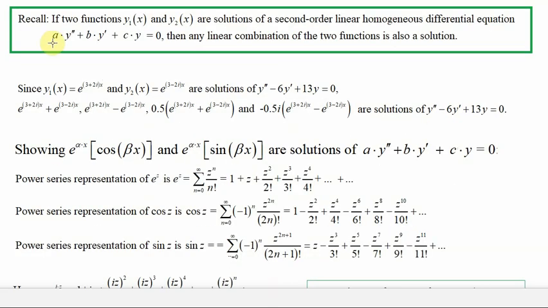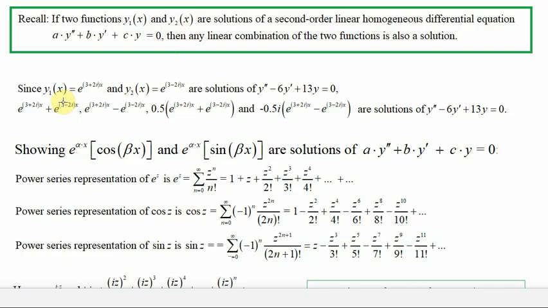Recall that if two functions, y1 and y2, are solutions of the second order linear homogeneous differential equation, then any linear combination of these two functions is also a solution.